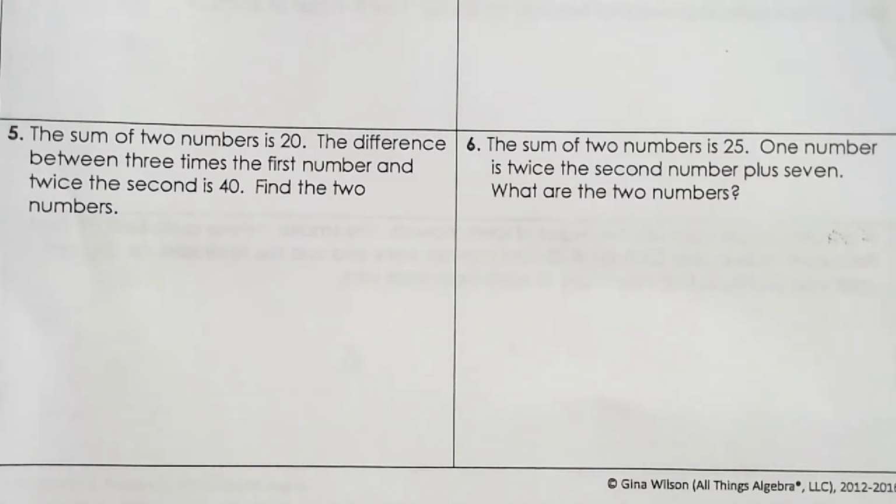And then the second equation is a little trickier to set up. So I'll give you guys just about 2 minutes to try to set them up, and then we'll solve it together, okay?